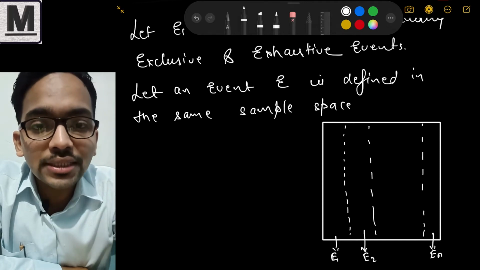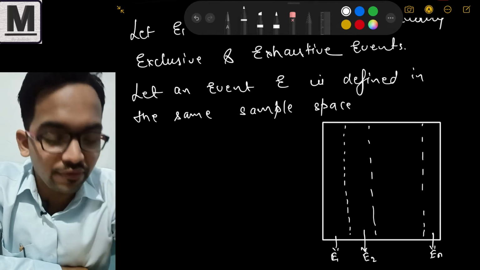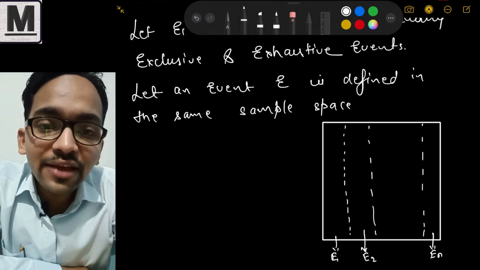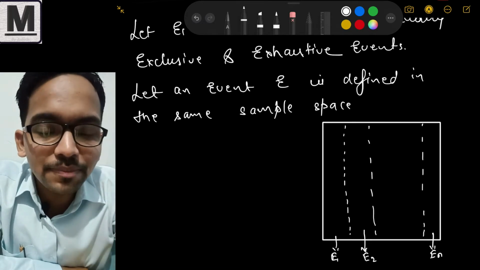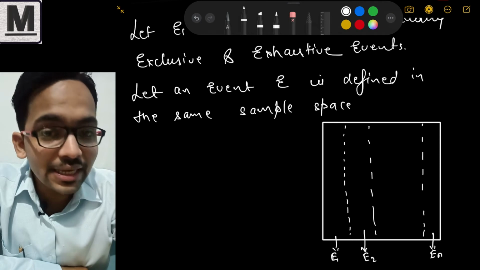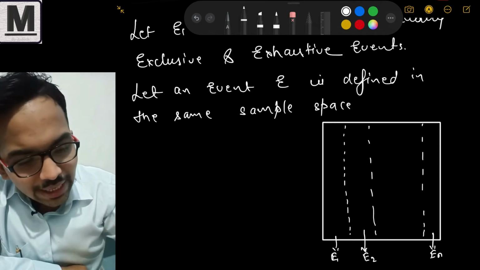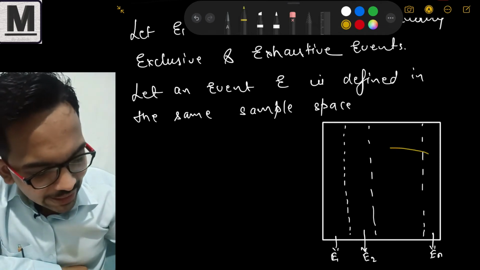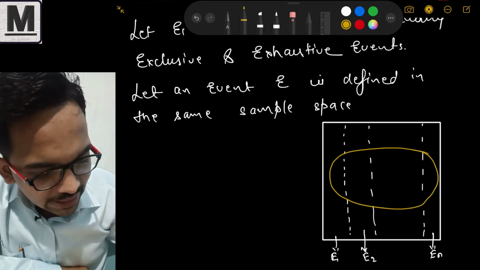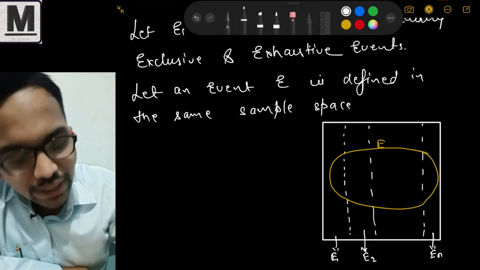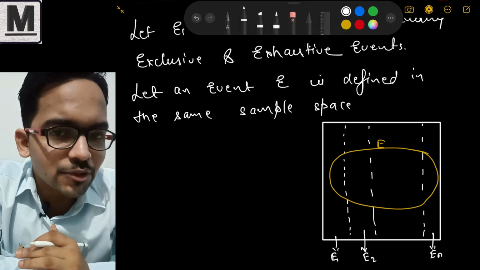That's why they are known as mutually exclusive events. And since they cover the entire sample space, they are known as exhaustive events. Let's say an event E. This particular event E is defined in the same sample space.